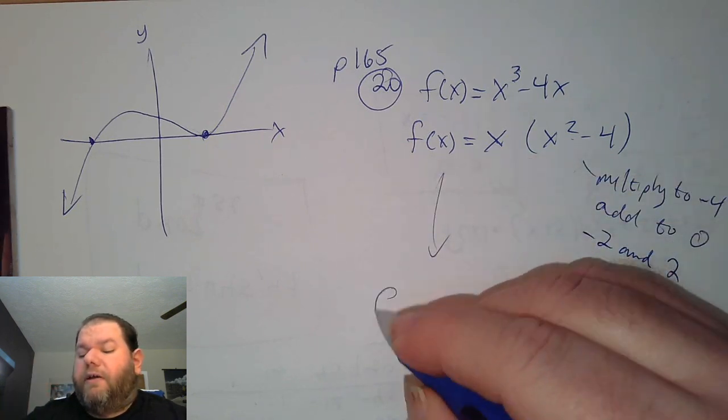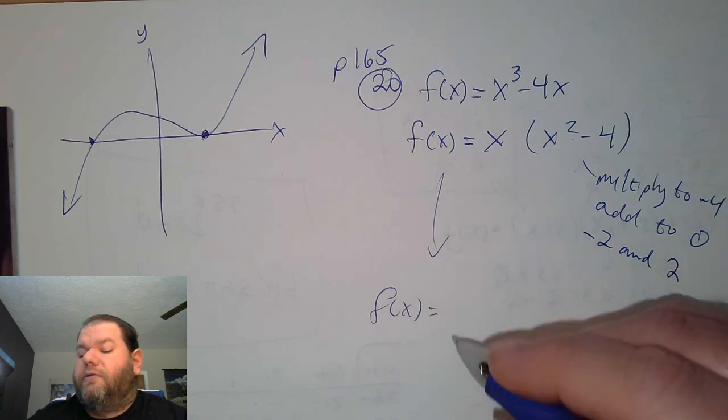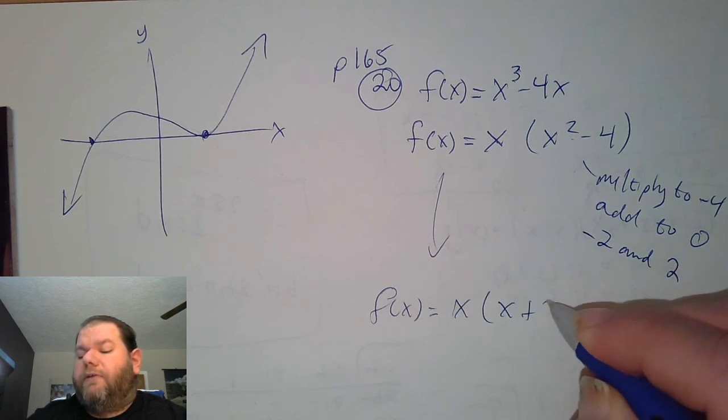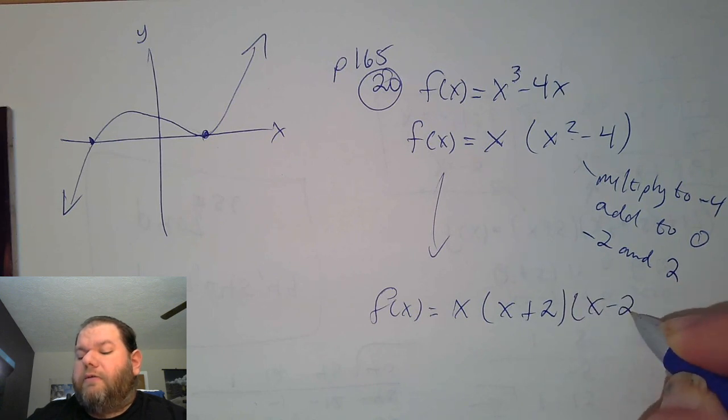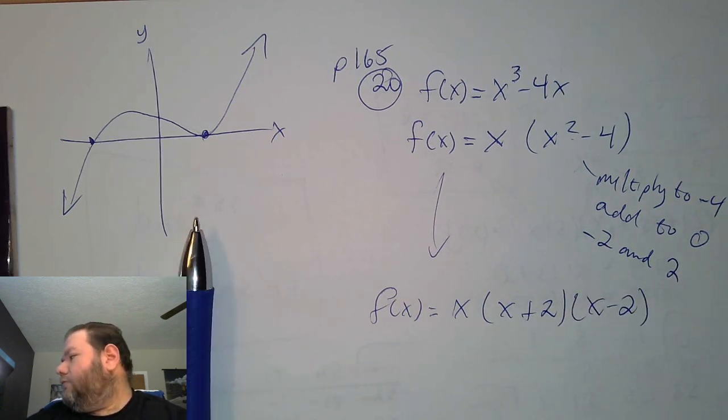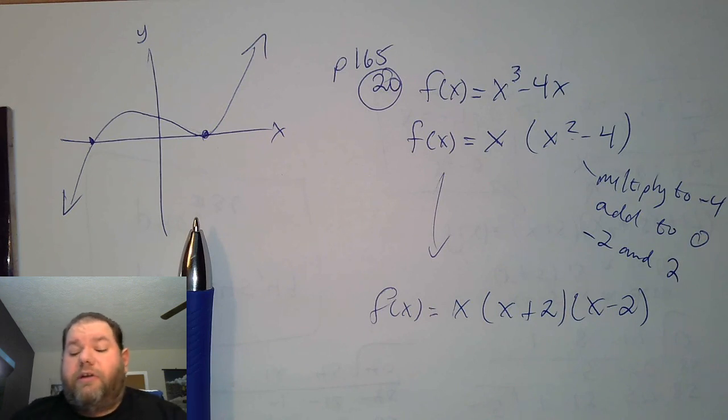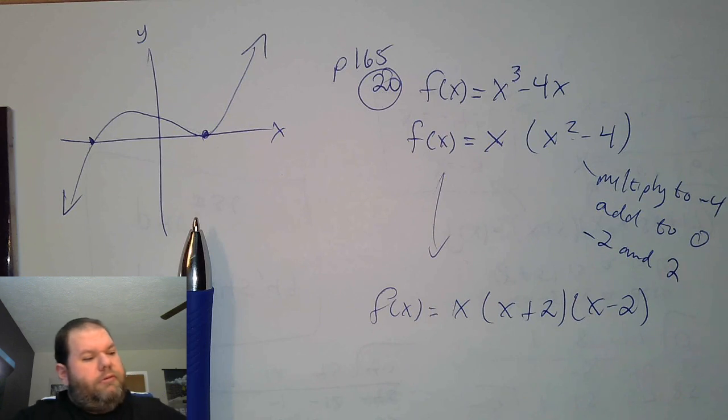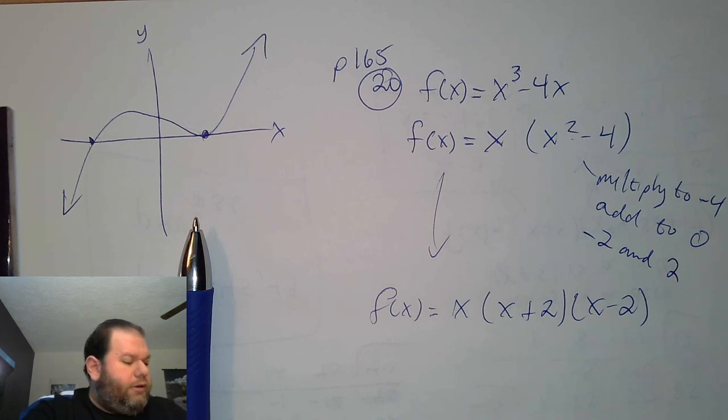So we can say f of x is equal to x times x plus 2 times x minus 2. Okay, and so that way we can factor the polynomial, and now we can do what we need to do to graph it. Let's see. I don't want to teach you more than you need to know, but I don't mind getting you started.